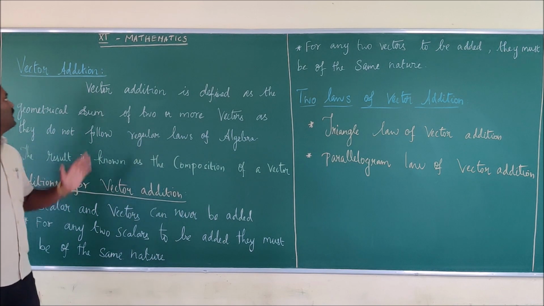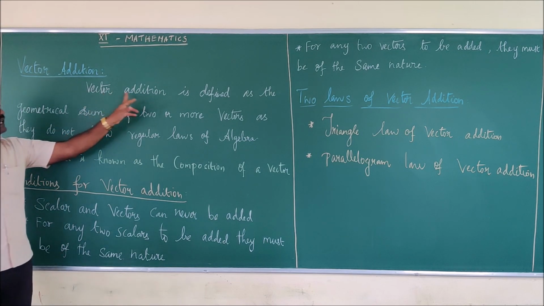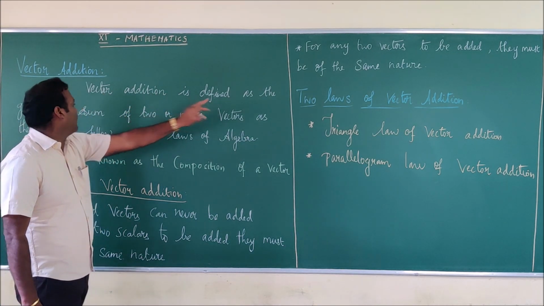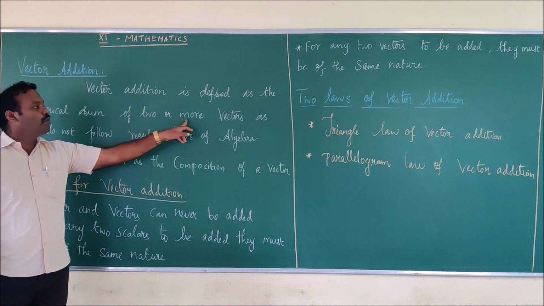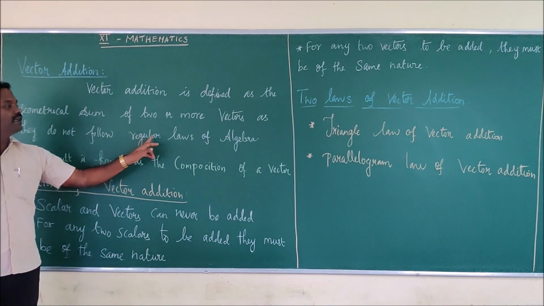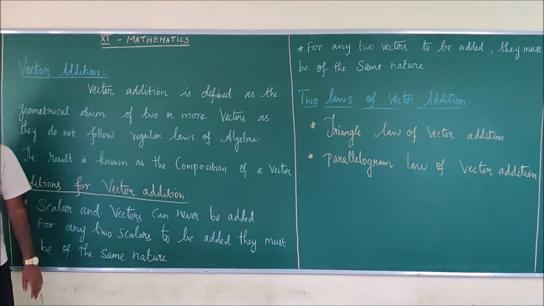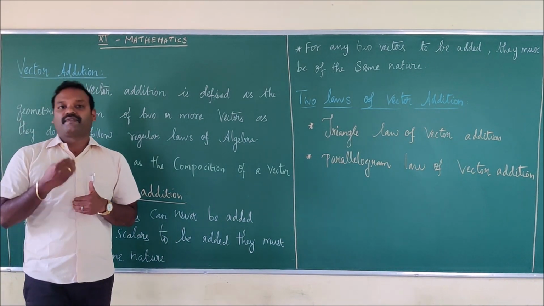First we are going to discuss vector addition, how to add two vectors. Vector addition is defined as the geometrical sum of two or more vectors, as they do not follow regular laws of algebra. In the lower classes we have studied the algebraic addition of numbers.